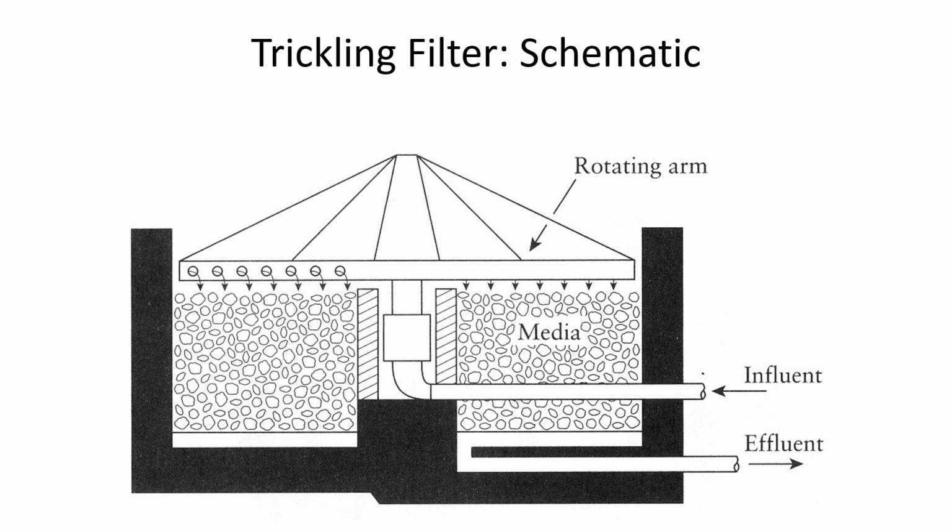Another means of fixed growth is a trickling filter, and it's the same idea here. What you want to do is provide a location for slime to grow, and you're spraying wastewater on top of rocks, and naturally the slime is going to grow on the rocks. Any place there's food, something is going to grow to use that food.